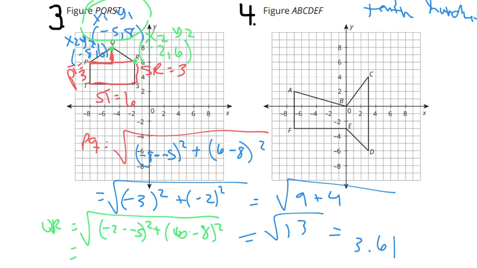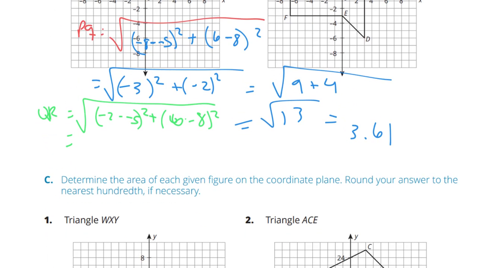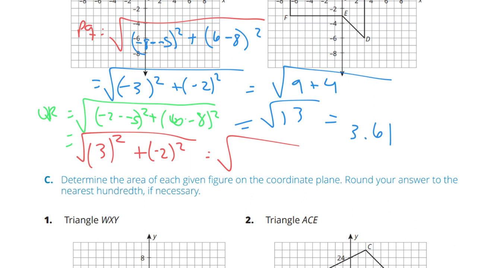And then let me scroll down. Okay, so then -2 minus -5, that's the same thing as -2 plus 5, which is just going to be 3. And then 6 minus 8 is the same thing as -2, which is going to be -2 squared. And then I have 3 squared, which is 9, plus -2 squared, which is 4. Radical 13 again, which is going to be the same thing, 3.61.